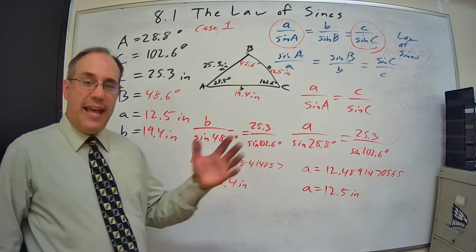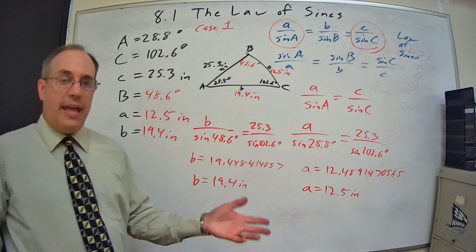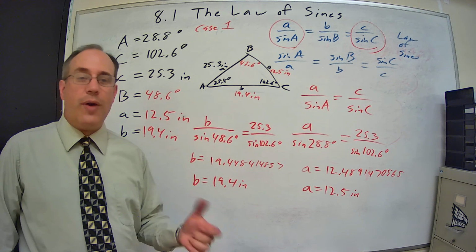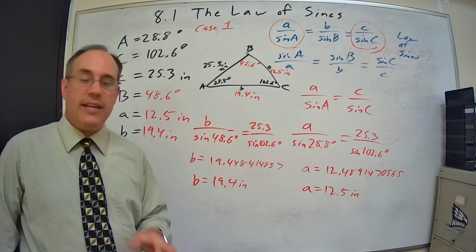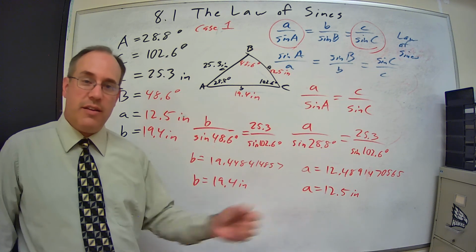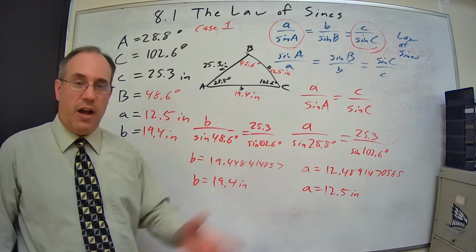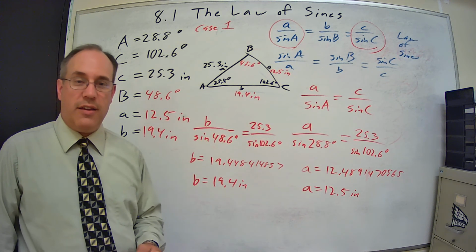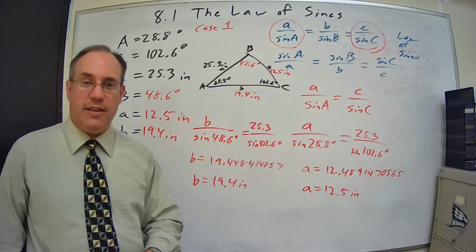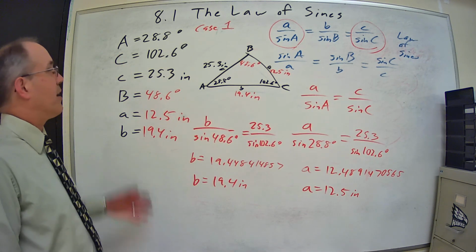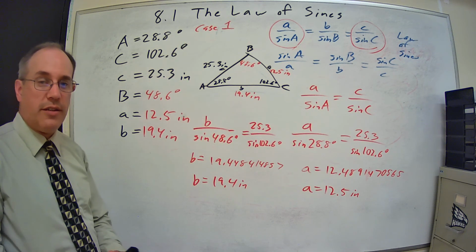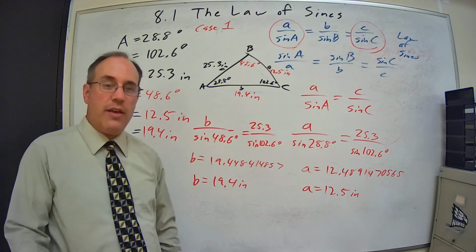Once you have an angle and a side opposite it, then if you know any other angle or any other side, then you can find another angle or side. And then once you do that, you can find the third angle or side using the same thing. So that's what we did here, and that's case one for the law of sines. Tune in next time for case two.